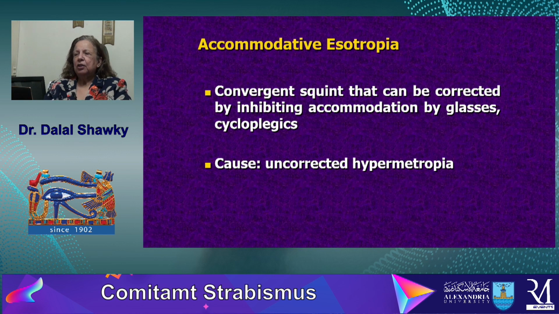Accommodative esotropia is a convergent type of squint that can be corrected, as we saw, by inhibition of accommodation. How to inhibit the unnecessary accommodation exerted for far? By wearing the glasses or even by cycloplegics in smaller children. The cause is uncorrected hypermetropia.